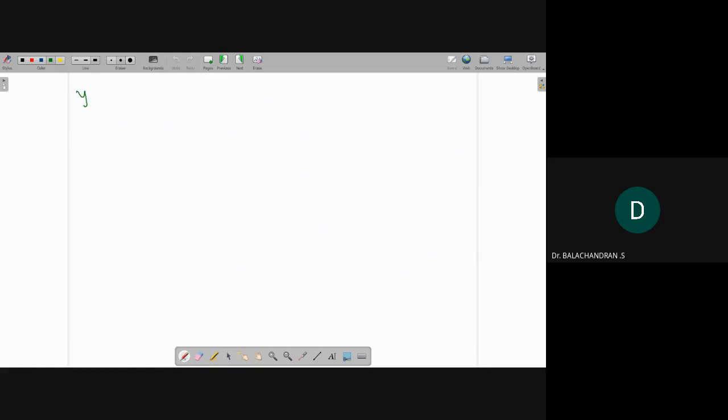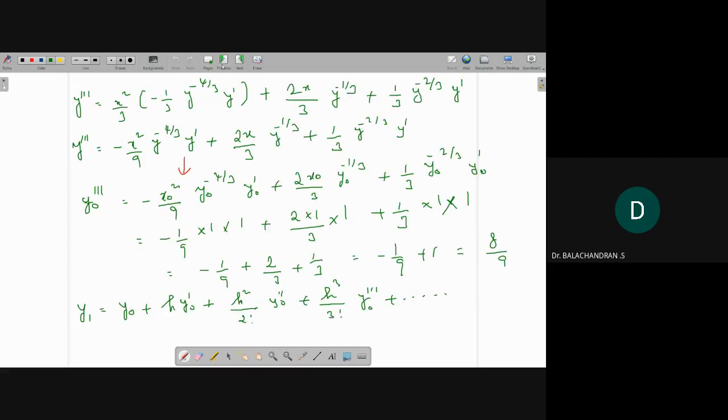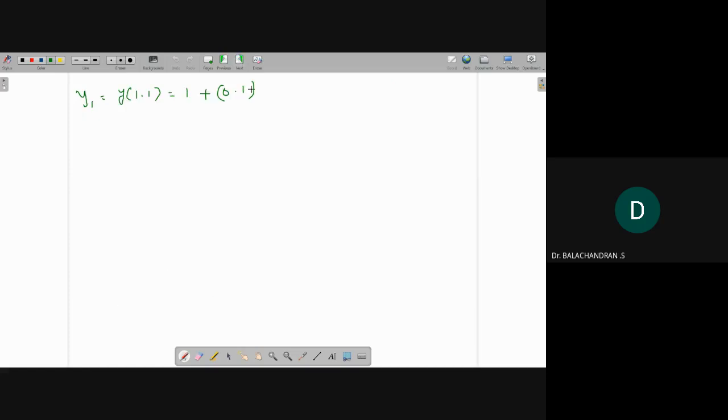So y1 equal to y of 1.1, that is x1. y naught is 1, plus h is 0.1 into y naught dash, y naught dash is 1, plus h square, h is 0.1, h square by 2 factorial into y naught double dash.